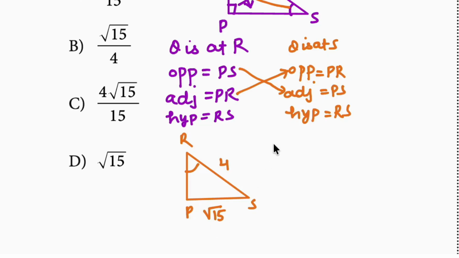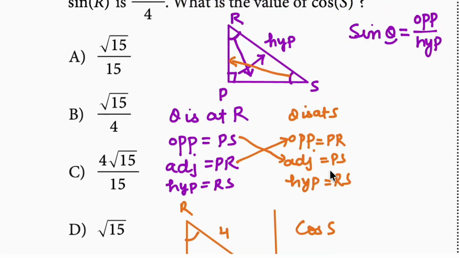But later you will realize that just because we are changing the position of the acute angle, opposite and adjacent change their positions. So if I write the value of cos S from here, in the case of S, adjacent is PS and hypotenuse is RS. And in the case of sine R, opposite is PS and hypotenuse is RS.